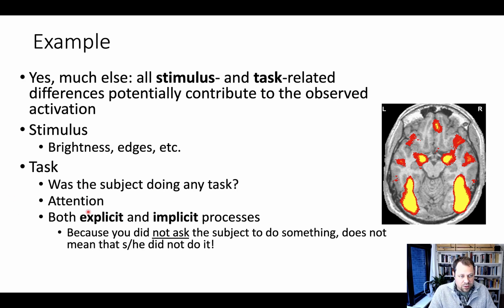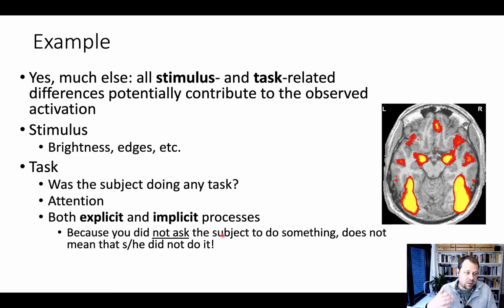We'd have attention differences. When you see faces, you would pay much more attention to the task than when you just look at a screen when you're bored. And a number of explicit and implicit processes would be going on. Implicitly, even if you ask the subject to do a task, they can be doing many other things. And this might happen more when subjects aren't asked to do anything.